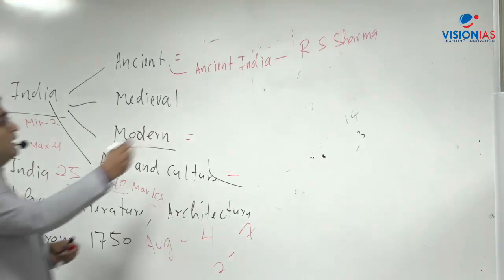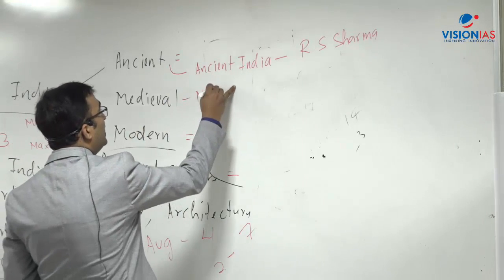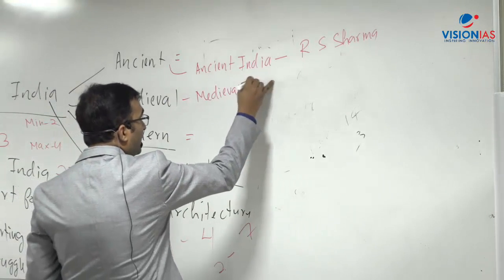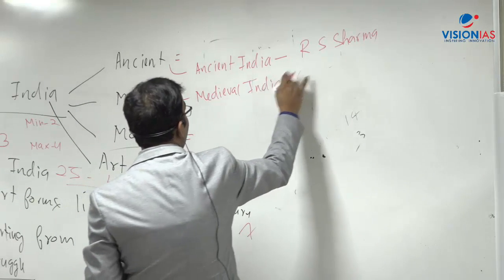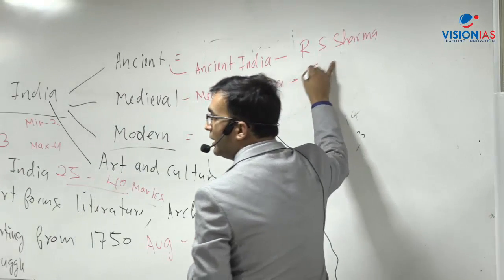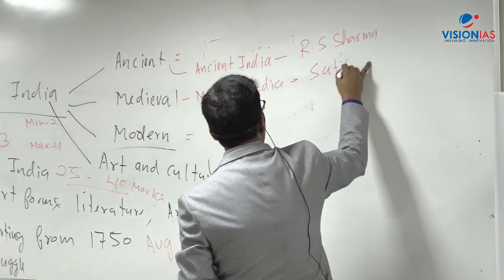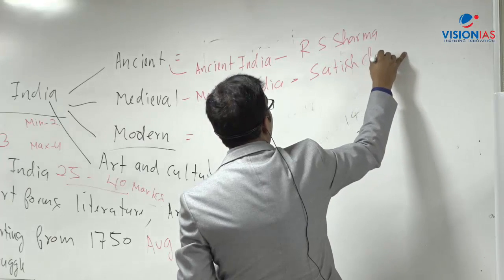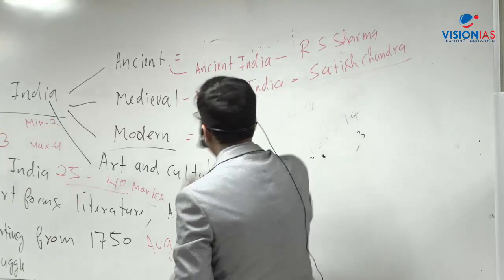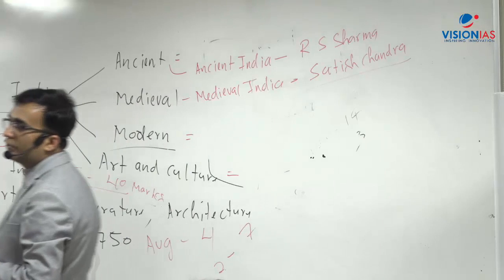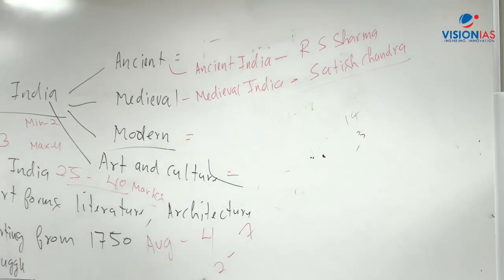Then medieval India. For this I will suggest again the old NCERT written by Satish Chandra. But here I will caution you, you need to do selective study. अब ये पूछोगे कि how can I do selective study, how will I know what to read, what not to read.